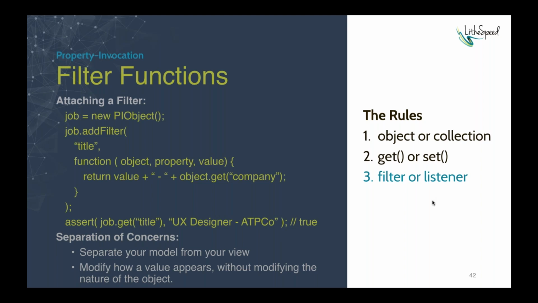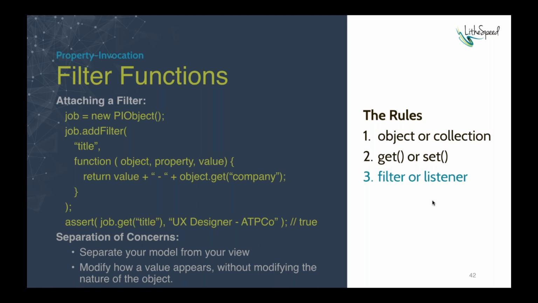And now we get into the listeners. So if I'm doing a GET request and I want to add stuff to the results of the collection or to the property. For example, I want to return my name. Somebody asked for my name, but I want to show my name and my company name, or my name and my job title.